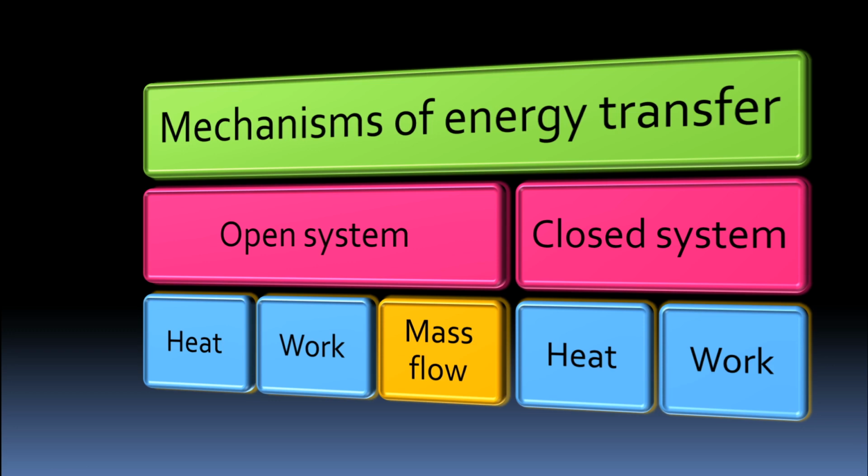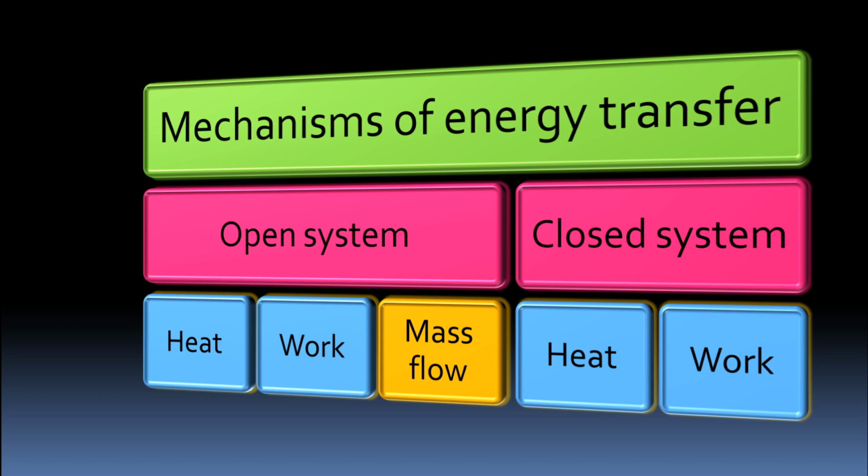Now, the mechanisms of energy transfer differ in open and closed systems. In an open system, there could be three kinds of energy transfer across the boundary: heat, work and mass. But in a closed system, only heat and work. So mass flow is restricted in the case of a closed system, but mass flow could happen in the case of an open system. So mass flow is another form of energy.